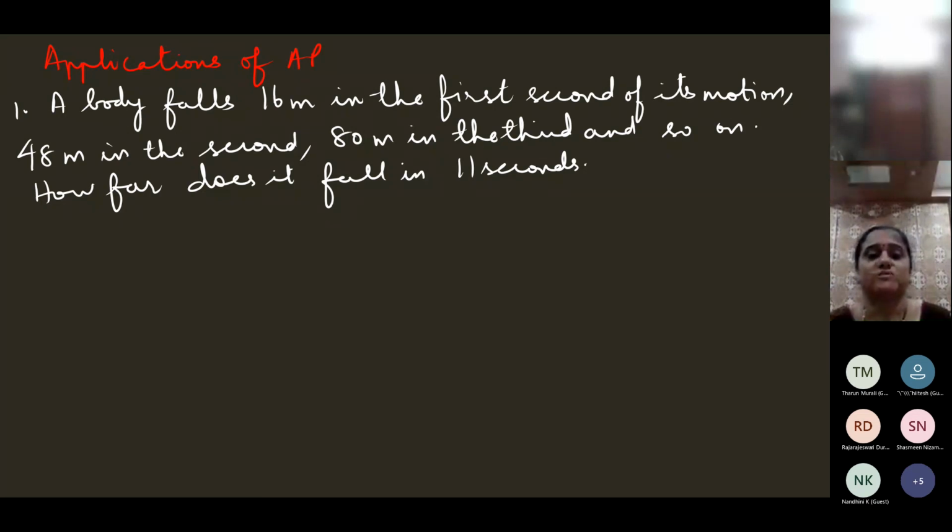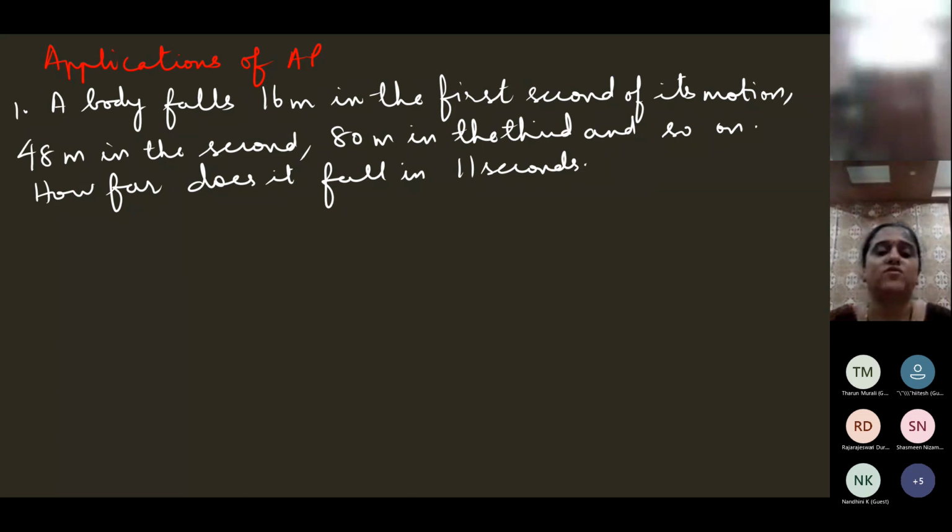So a body is thrown, meaning it's made to fall. A body falls 16 meters in the first second of its motion, 48 meters in the second second, and 80 meters in the third second, and so on.